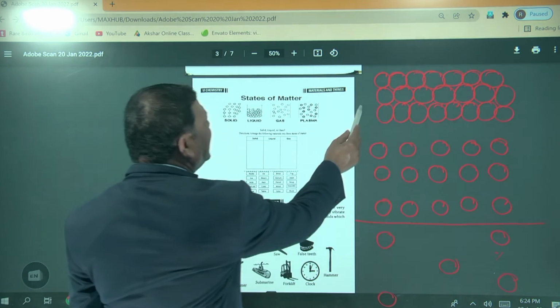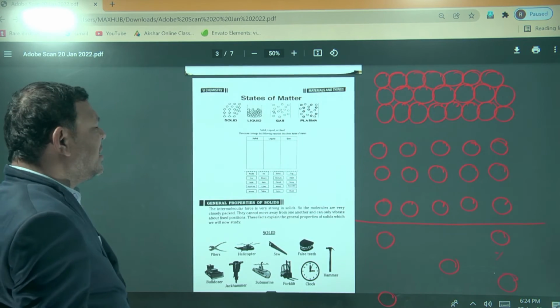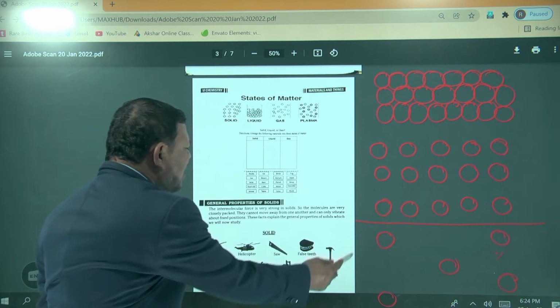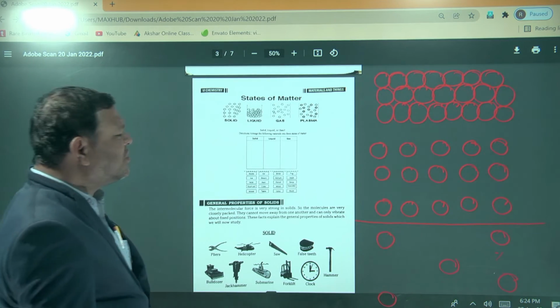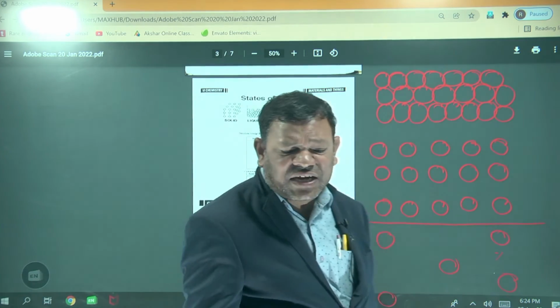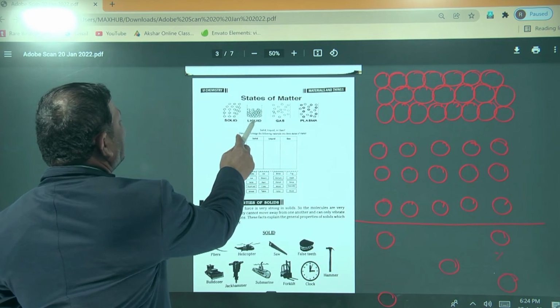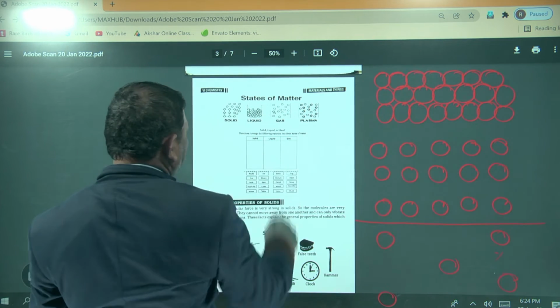Solids have a definite shape and definite volume. Liquids have a definite volume, but no definite shape. Gases have no definite shape and no definite volume. You can see the solid structure, liquid, gaseous, and plasma.